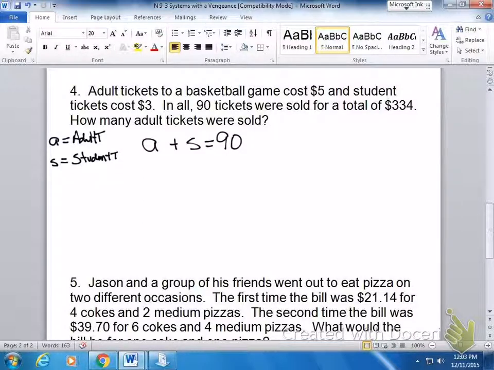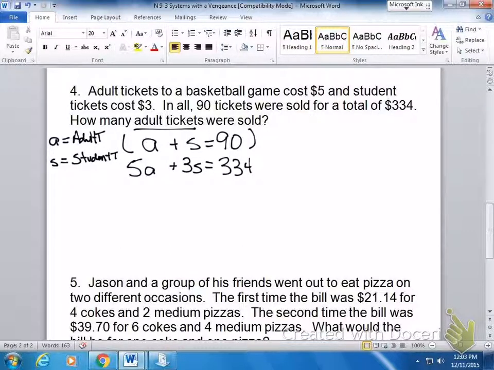Now I need to factor in costs. I know each adult ticket is $5, so $5 times the number of adult tickets gives me that amount of money. I know that each student ticket is $3, so 3 times S gives me the amount of money we made off of students. And I know they made $334. So they're asking us for adult tickets here, so we probably want to cancel out our student tickets.